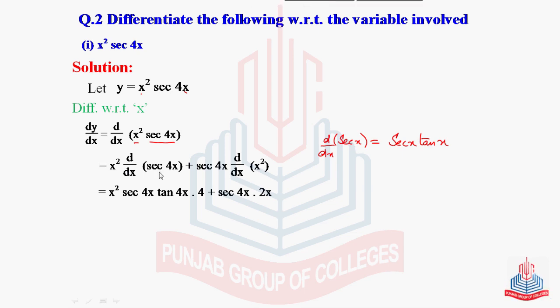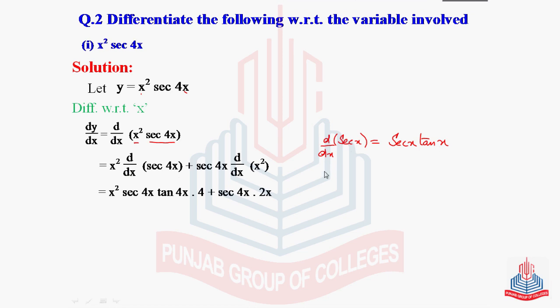Here we have the secant 4x angle, which is not x but a multiple of x. So again using a differentiation technique, differentiation will apply on this basic function, which is secant, and the derivative of secant is secant into tangent.